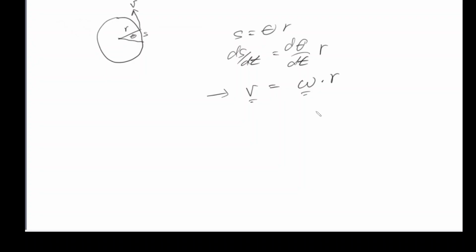That's why it's easier to use angular velocity and acceleration when doing rotational problems. Now, we also had a period, which is the time it takes to do one rotation, and that is equal to 2 pi r over velocity, which then becomes 2 pi over omega.